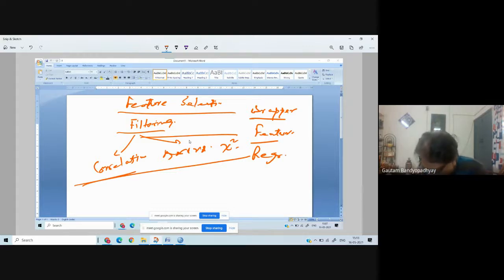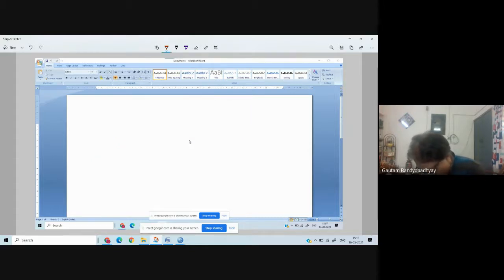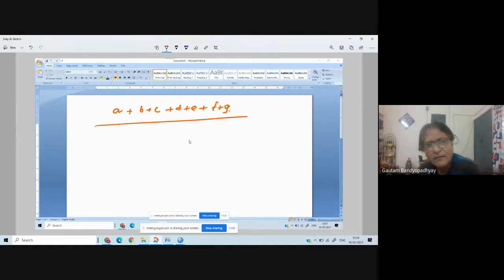Now the question is, what is the difference between feature selection and feature extraction? I'm starting with a very simple example. Say there are 7 variables: A, B, C, D, E, F, G. These are the 7 variables, and basically these are called inputs.